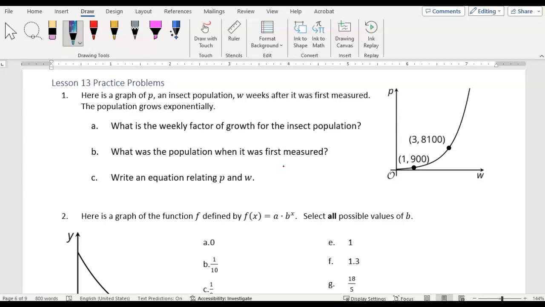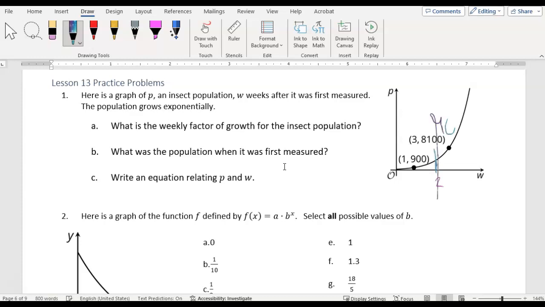So what we don't have here is the amount that it was in between 1 and 3. In order to figure out what our factor is, we would need to have an idea of that, right? One way that we can look at that is we could pretend that this is the initial value.